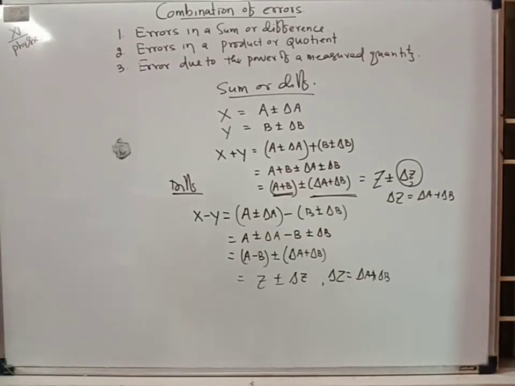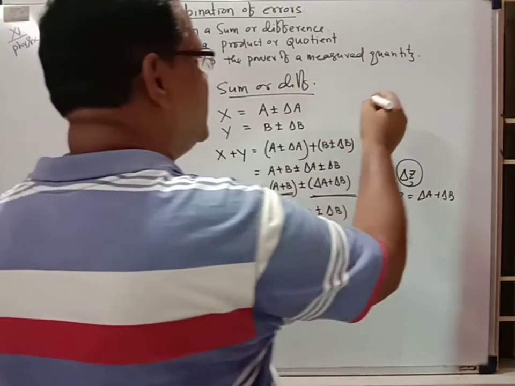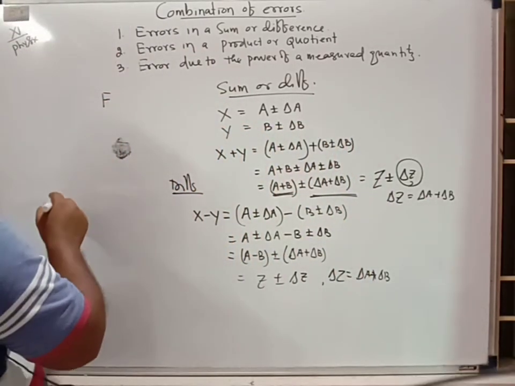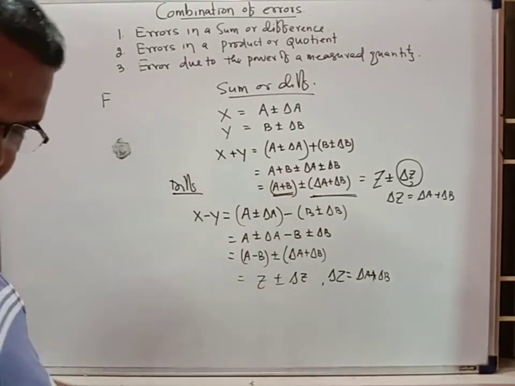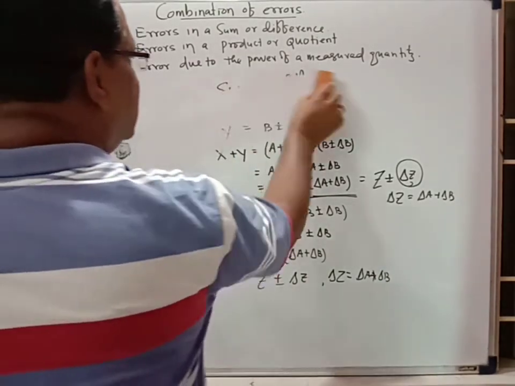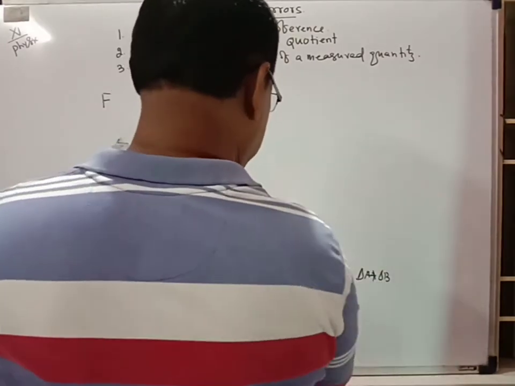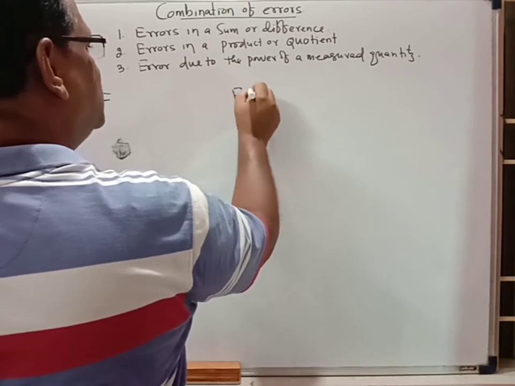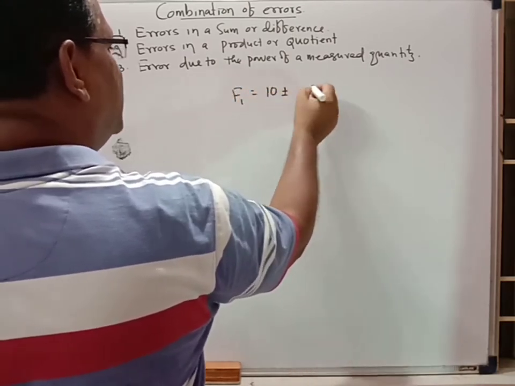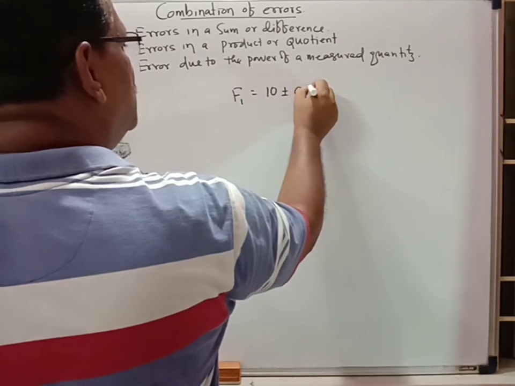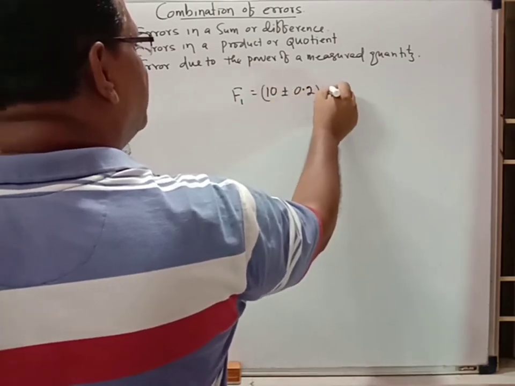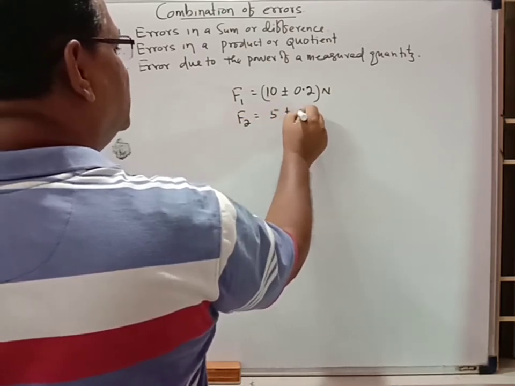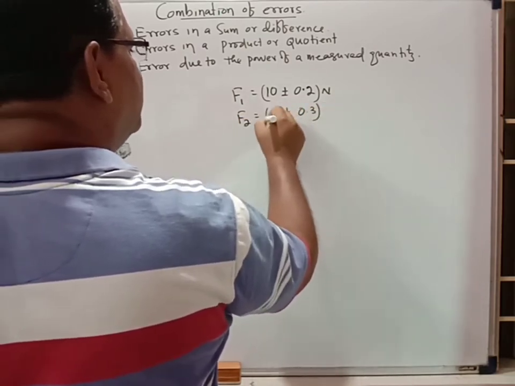For example, suppose f1 equals 10 plus or minus 0.2 Newton, and f2 equals 5 plus or minus 0.3 Newton.